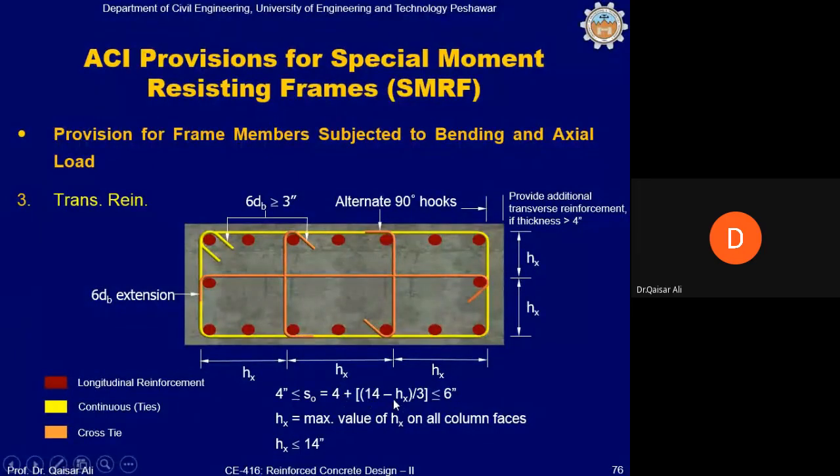So with the increase in hx, this S0 will decrease, because an increase in hx means that you have engaged fewer bars with the cross tie. For that purpose, the vertical spacing between the ties shall be decreased in order to provide more confinement. Okay.